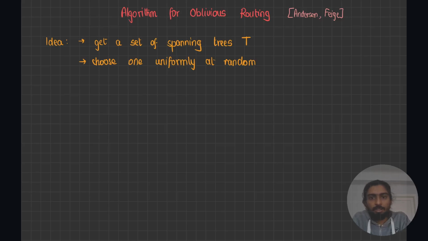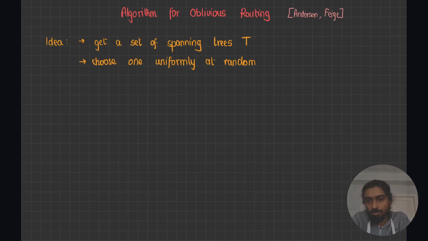So how do you get an oblivious routing which has good competitive ratio? Let's look at an example of one algorithm. So the problem with a single spanning tree was that every edge which does not belong to the spanning tree has very low congestion, 0 in fact, because there are no packets which are routed across it. And there are edges which belong to the spanning tree which have linear in M congestion.